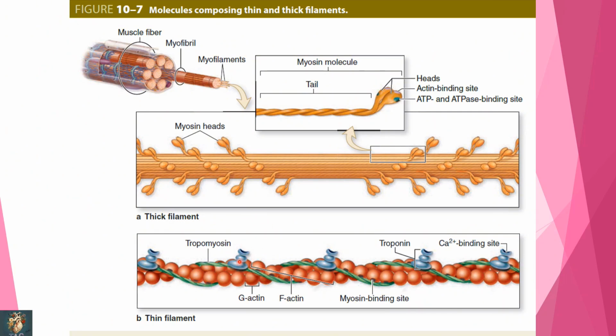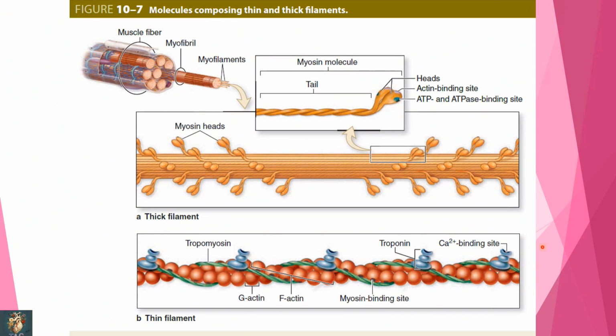This troponin complex consists of three subunits: troponin C, troponin T, and troponin I. Troponin C binds to calcium, troponin T binds to tropomyosin, and troponin I is inhibitory in nature. So this is the thin filament.